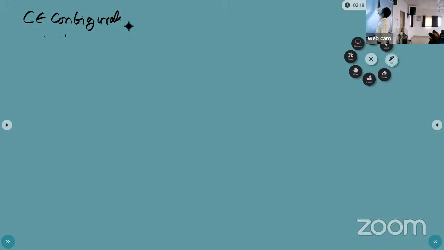Next one, the CE configuration. Now you can try to draw the CE configuration circuit diagram.